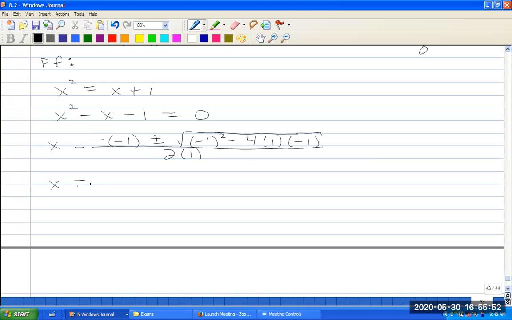So x is equal to 1 plus or minus the square root of 1 plus 4, over 2. So x is equal to 1 plus or minus rad 5 over 2.